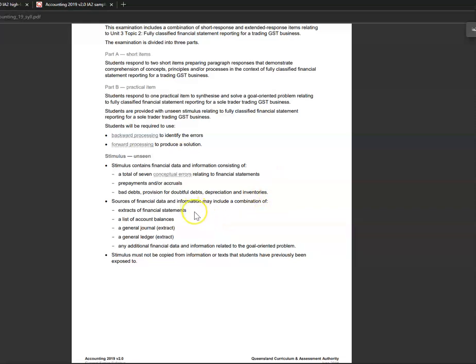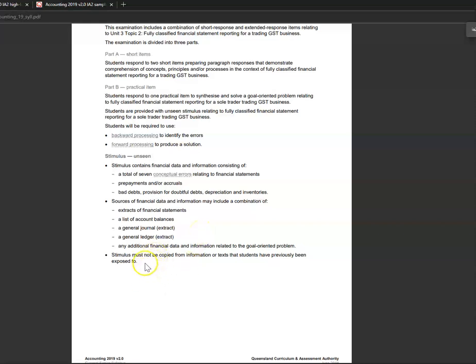You'll be given financial data and information in the format of extracts of financial statements, lists of account balances, a general journal extract, and or a general ledger extract. You may be given any other financial information or data related to the goal-oriented problem as well.